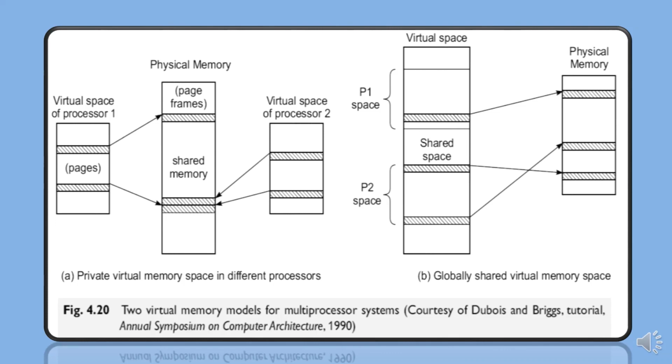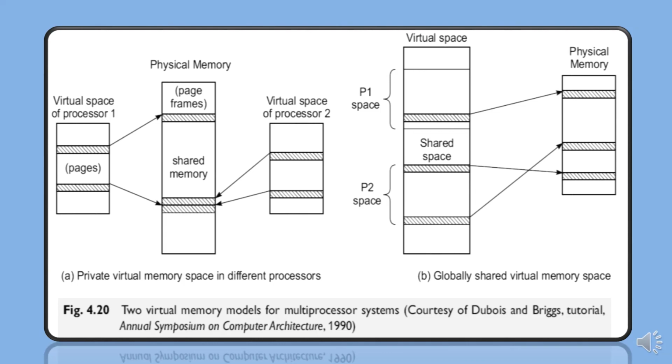Shared virtual memory. This model combines all the virtual address spaces into a single global shared virtual space. Each processor is given a portion of the shared virtual memory to declare their addresses.